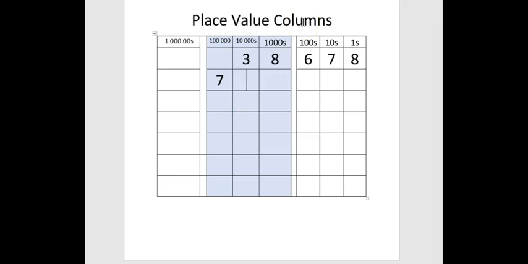Try and read this number. Did you say 725,891? Go back to your number expander and your place value chart and practice writing and saying big numbers. Thank you.